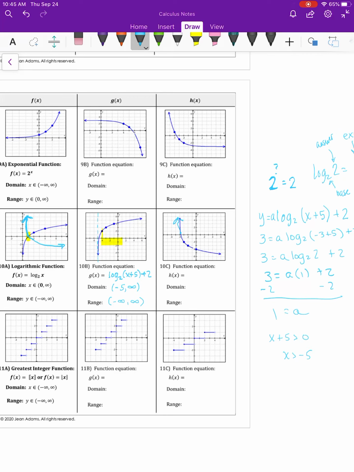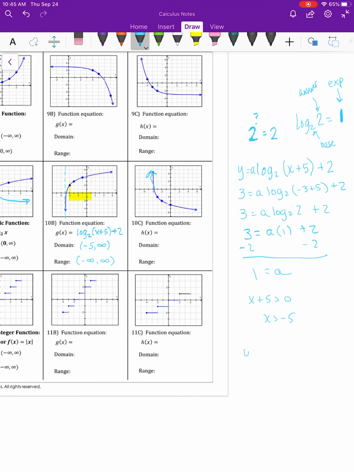A reflection about the x-axis negates the y, which you can think of as negating in front of the log base 2. So I know my a is going to be negative because I already see it. I'm just going to put my a in there.